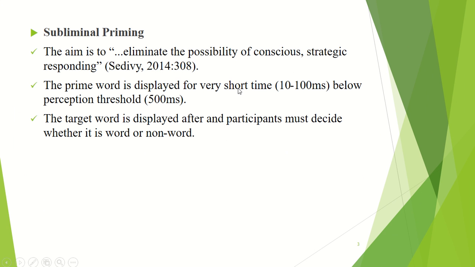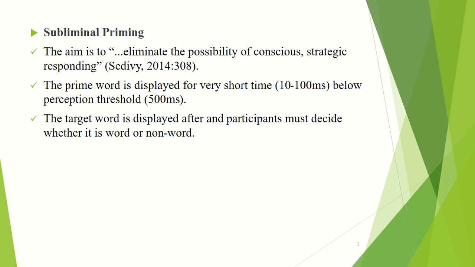So, subliminal priming. As the book explains, the aim of subliminal priming is to reduce or eliminate the possibility of conscious and strategic responding. So if you remember in my previous lecture, I said that our brain has a threshold for perception, which is 500 milliseconds.